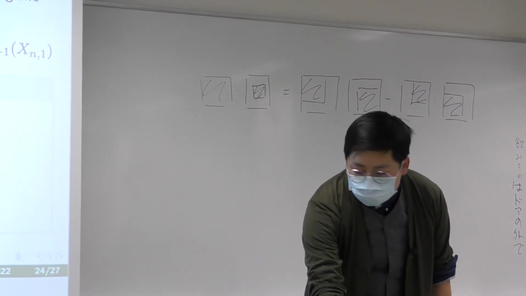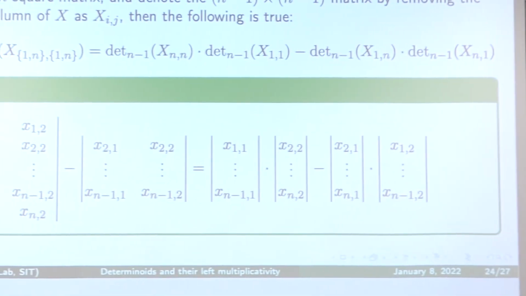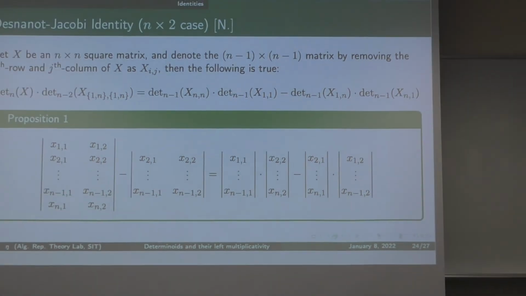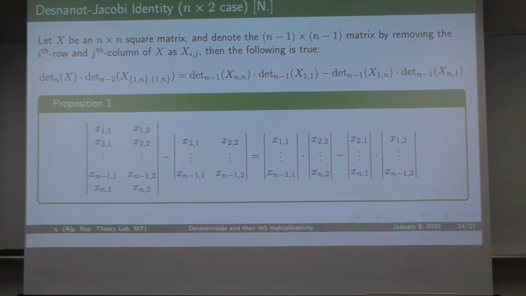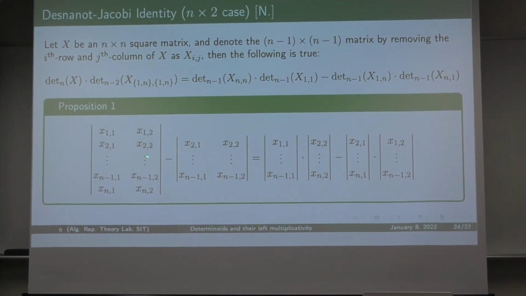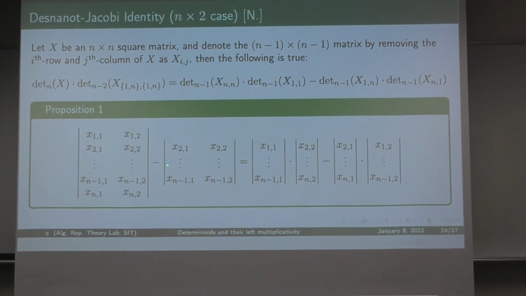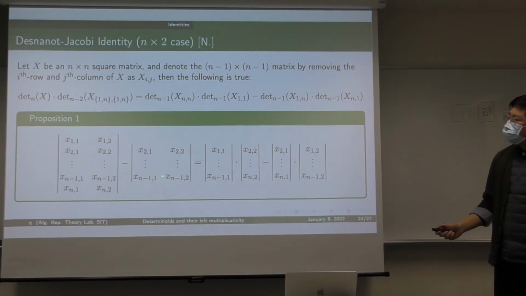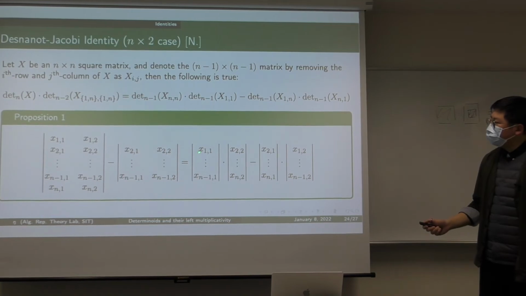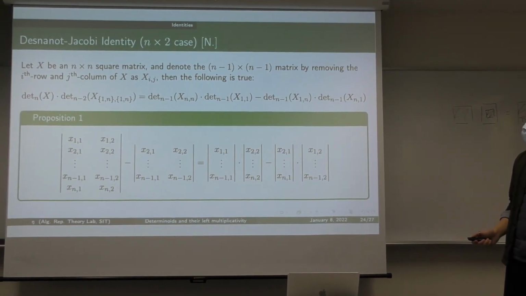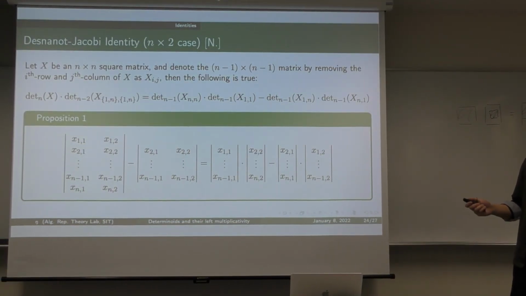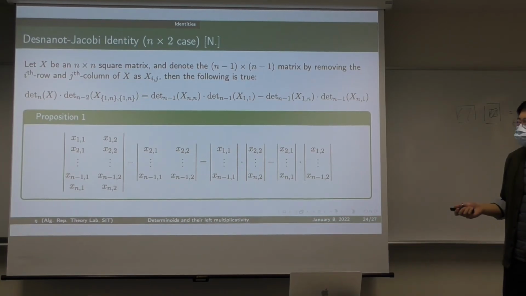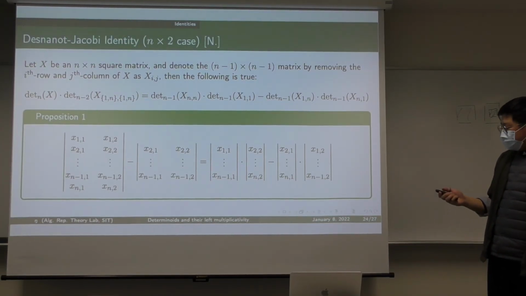So here's my proposition of the Determinant-Jacobi identity for the n by 2 case, like this. Instead of a product of two determinoids, there's a difference of two determinoids, and the right hand side is still the same. Maybe you ask why it's not 1, because 1 is already simple enough, so we don't need that identity.